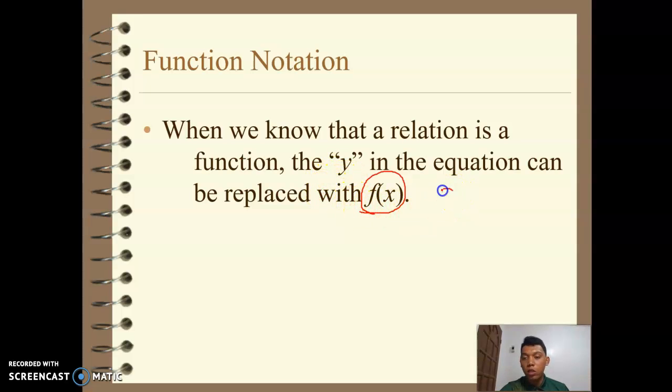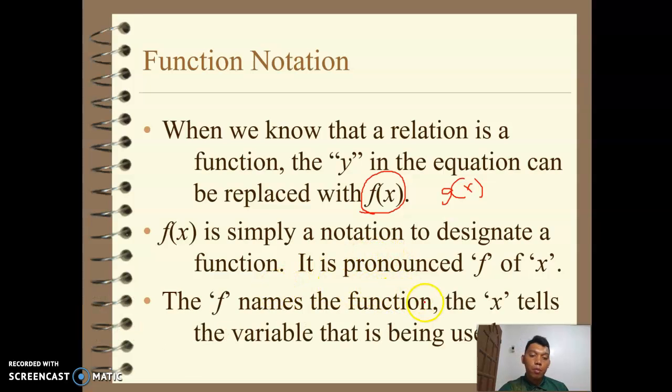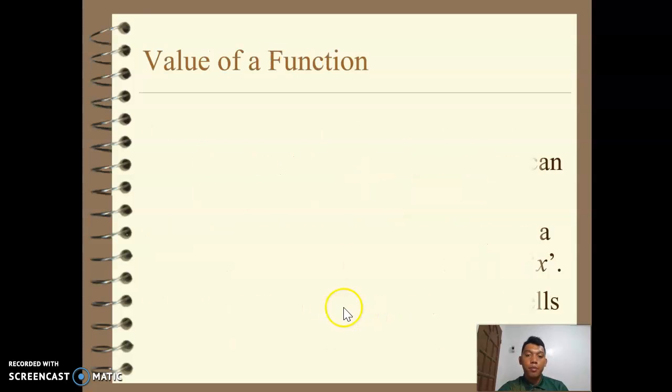Sometimes it can be written as g of x, h of x, etc. There are a lot of representations, but it simply signifies a certain variable, which is y. So f of x is simply a notation to designate a function. It is pronounced as f of x. The f names the function, and the x tells the variable that is being used.